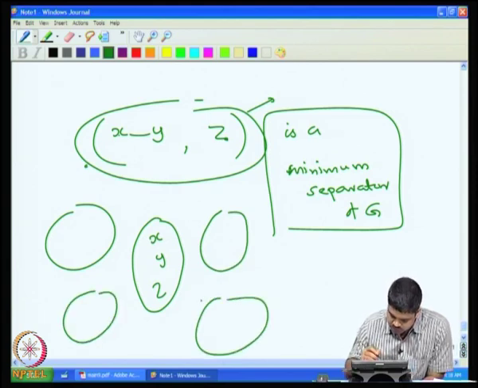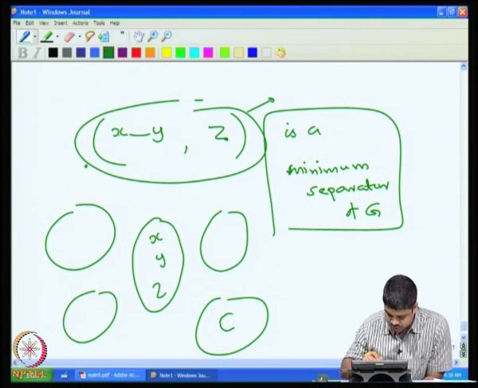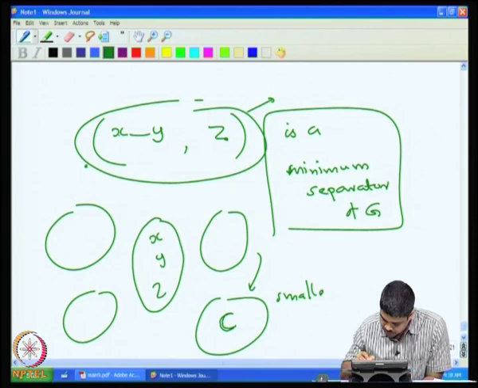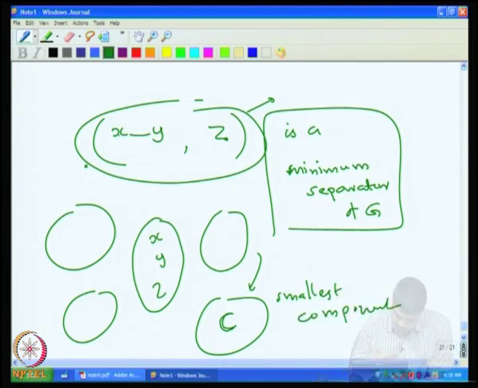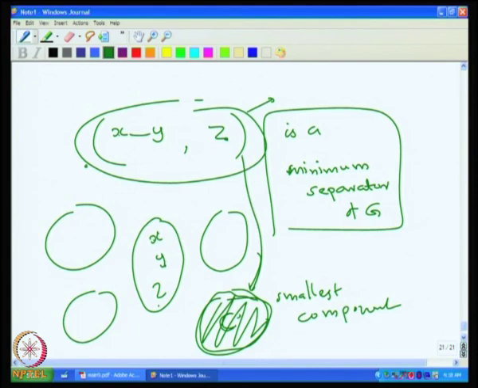There will be a component C which happens to be the smallest component in G minus x, y, z. If I remove x, y, z, the graph gets disconnected, and among the resulting components I look for the smallest one. The number of vertices in the smallest component will be the value of this set.